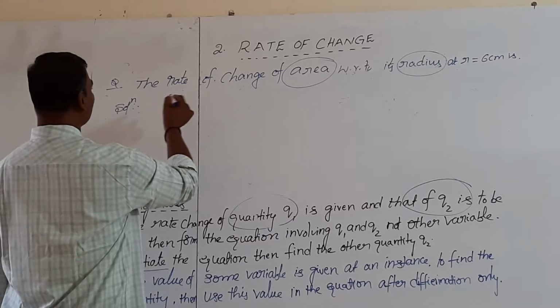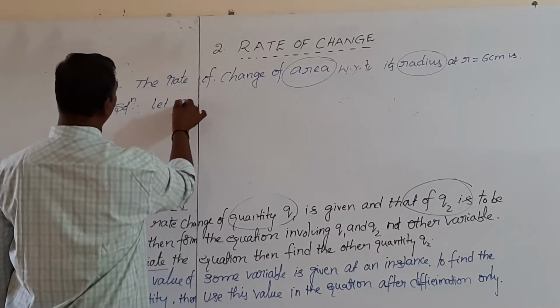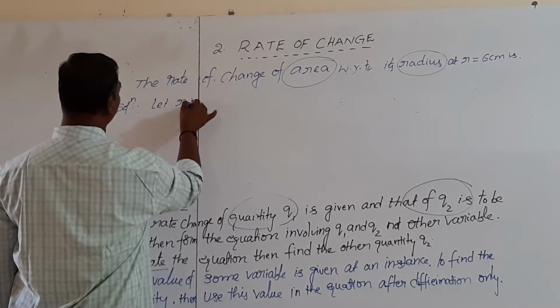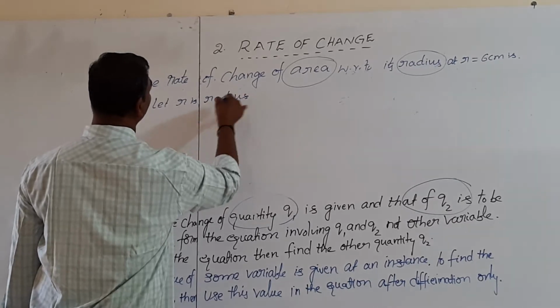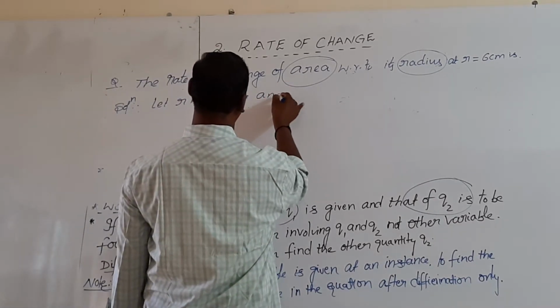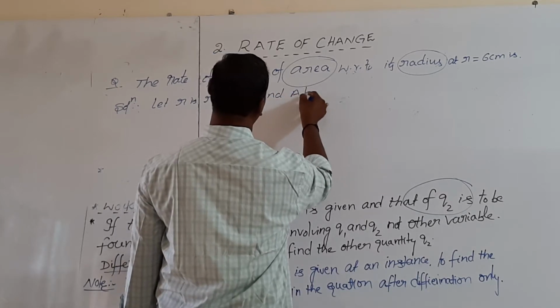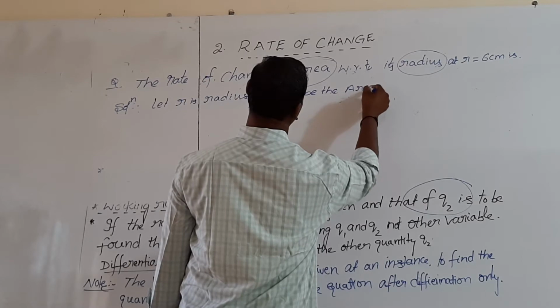Generally, let r be the radius, and consider the other variable, area. Let A be the area of a circle.